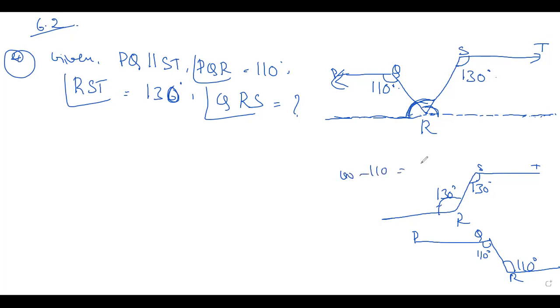Then you can write 180 minus 110, that is 70 degree. And 130 and this angle, the sum of these two angles is 180. 180 minus 130, that is equal to 50 degree, right? This one is 70 degree, this one is 50 degree.